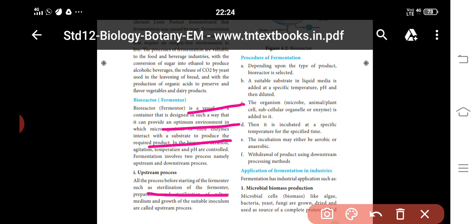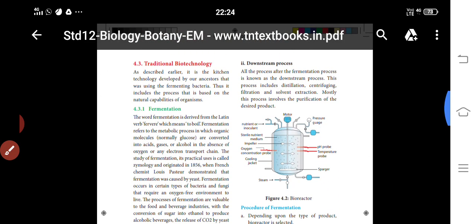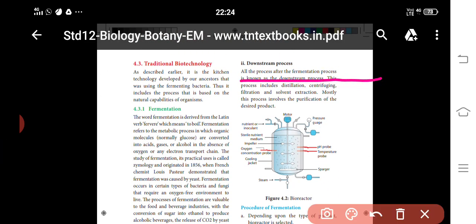You have to prepare and sterilize the fermenter for this upstream process. The downstream process means all the processes after fermentation is over. The product is obtained from the fermenter through the downstream process.